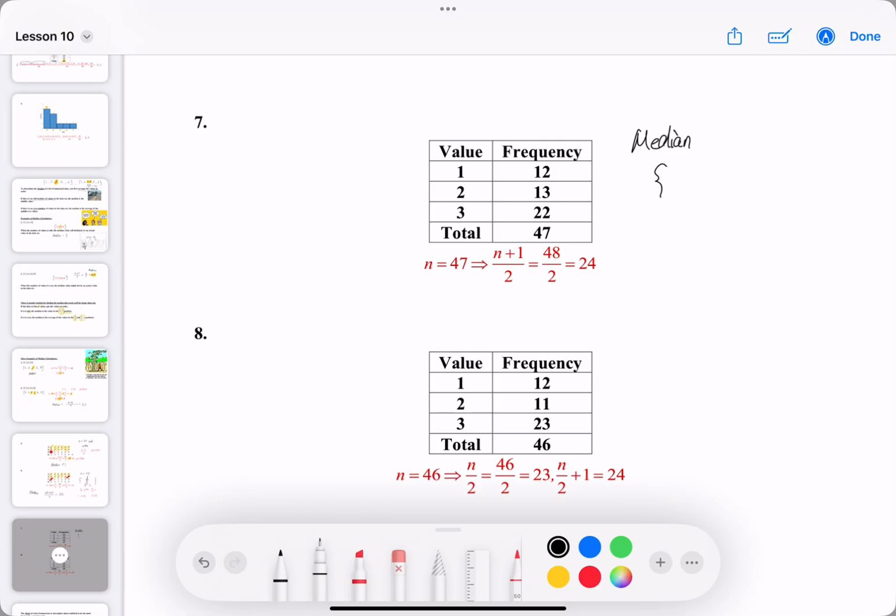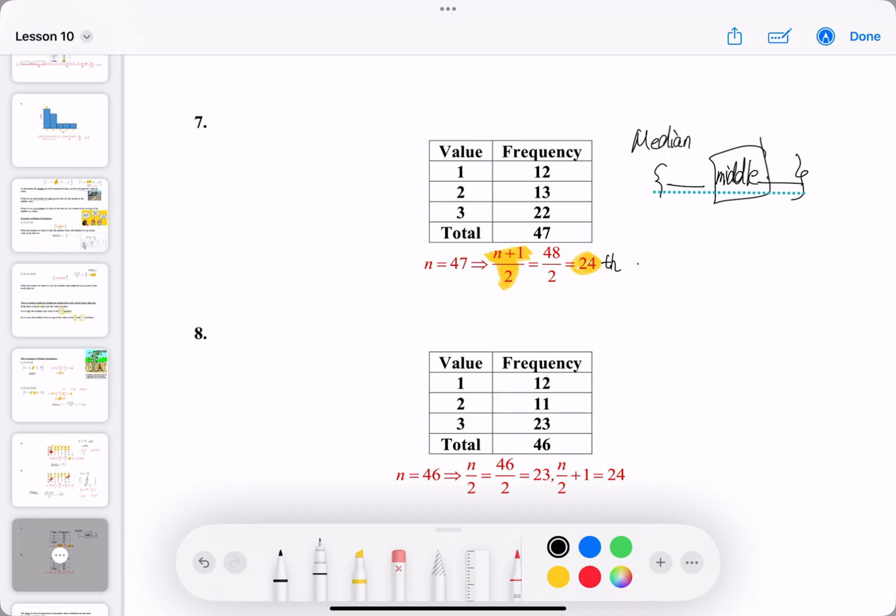If I have an odd number, we have one middle value. Then I just find this middle value. That's it. So we are using the formula n plus 1 over 2. So 47 plus 1 divided by 2 is 24. 24 means the 24th position.